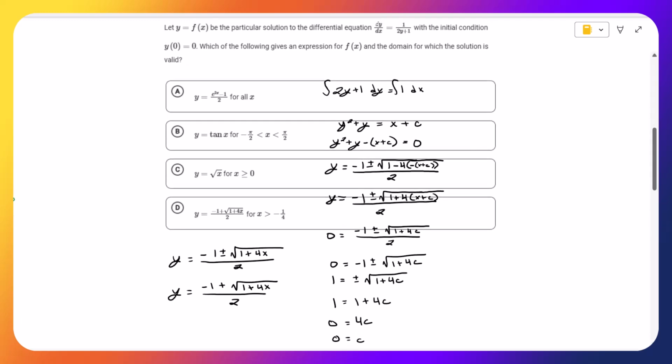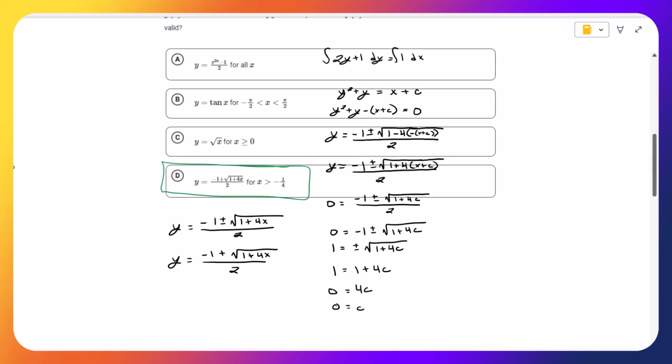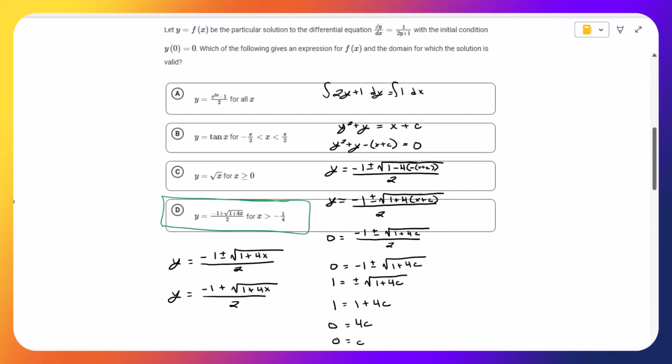And that leaves us with only D as our answer. That's the only one that even makes sense. But just to walk through the domain again, we want this square root of 1 plus 4x to be greater than 0.